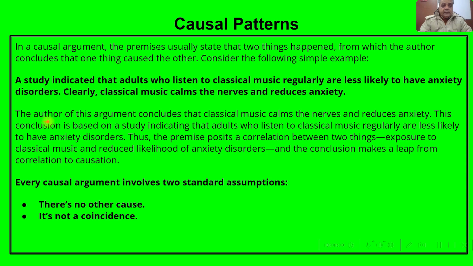So here it says, the author of this argument concludes that classical music calms the nerves and reduces anxiety. This conclusion is based on a study indicating that adults who listen to classical music regularly are less likely to have anxiety disorders. Thus, the premise posits a correlation between two things: exposure to classical music and reduced likelihood of anxiety disorders, and the conclusion makes a leap from correlation to causation.